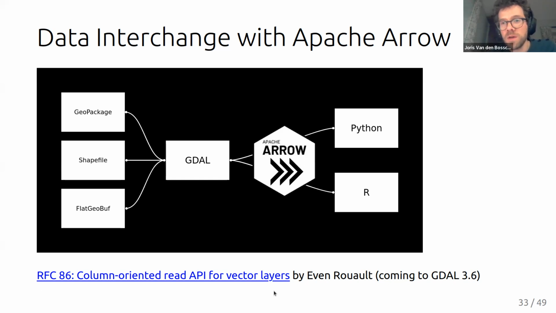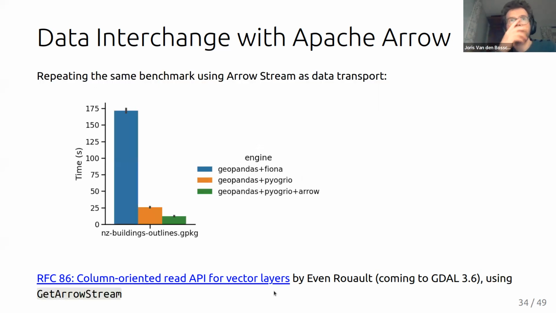So we don't have to do this conversion from row-wise data to columnar data on the Python side. That's something that is coming, and it will give another speed up for reading those vector files. So that's another improvement here.